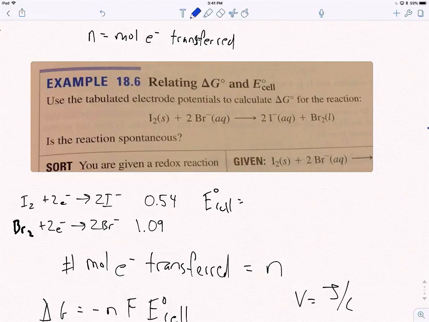Iodine is being reduced. So I2 goes to I minus. We keep iodine as is. Bromine goes from Br minus to Br2. It's going the other way. We have to put a minus sign in front of this.